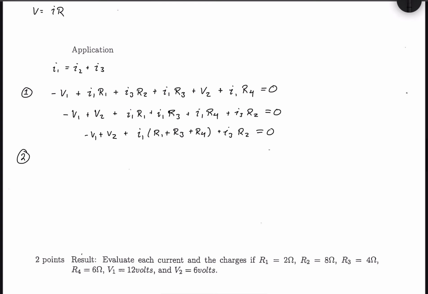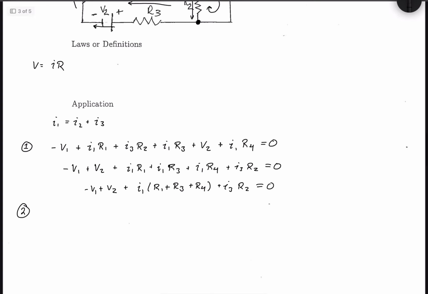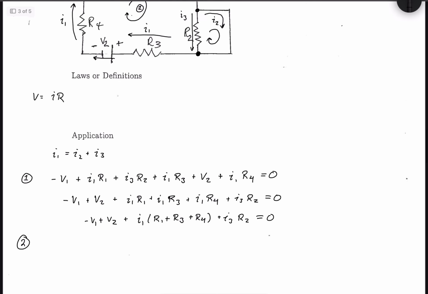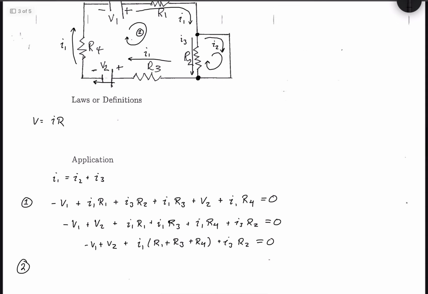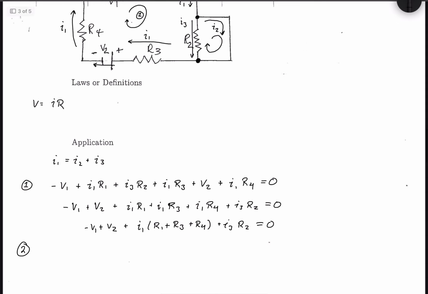So let's look at loop 2. Loop 2 is going to have, since there would be a loop here, the only thing doing anything is negative I3 times R2 equals 0.